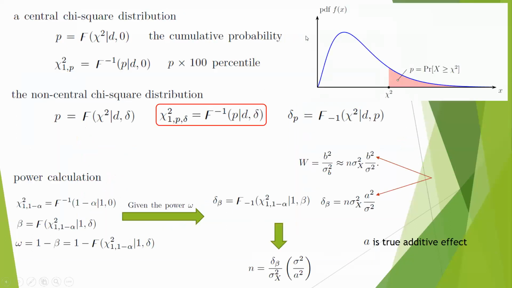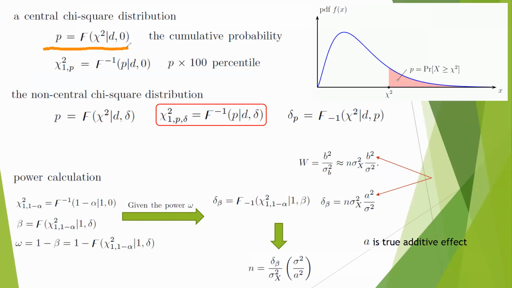All right. So power calculation. This is very similar to the normal distribution. I think in one of our assignments, I gave you the R code by which you can easily calculate the probability of a normal distribution given some critical values.